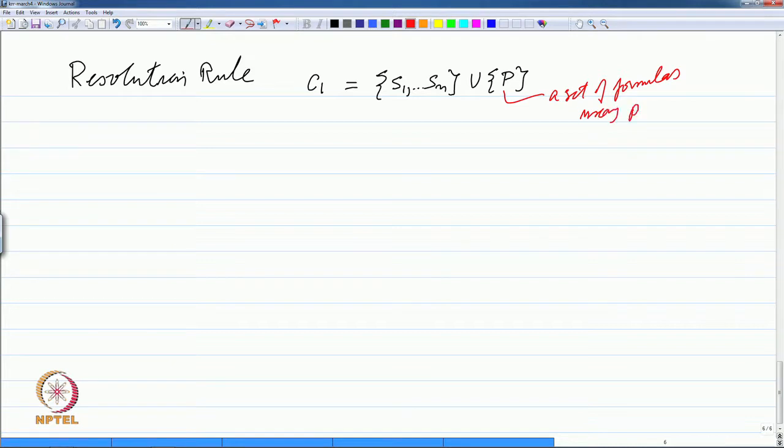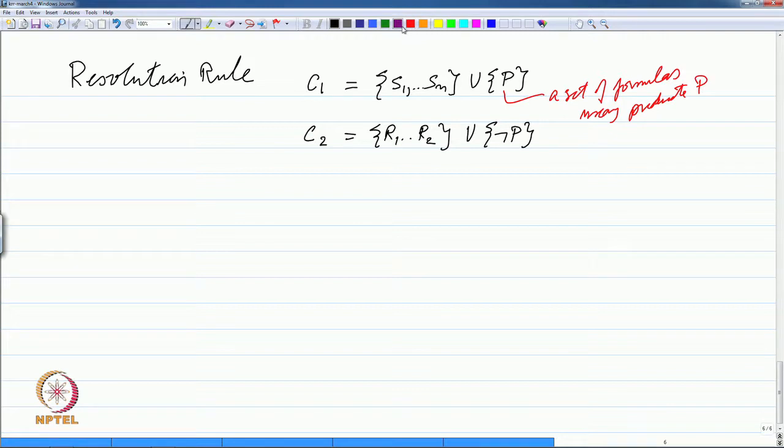Using predicate is just an informal, semi-formal way of trying to describe it, and we have another clause C 2, which is R 1 R 2 and a set of formulas which are of the type not P in a similar fashion.